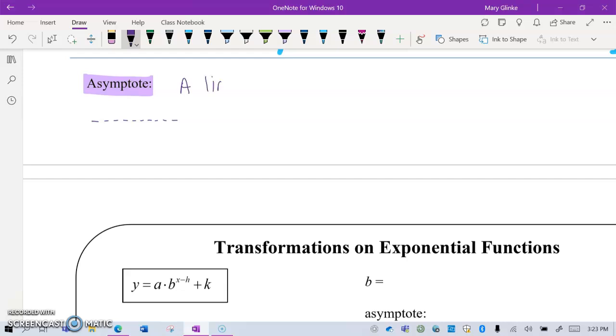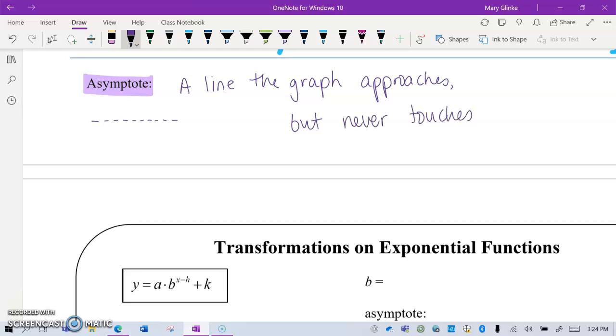It is a line that the graph approaches but never touches. So every exponential function is going to have an asymptote on your graph.